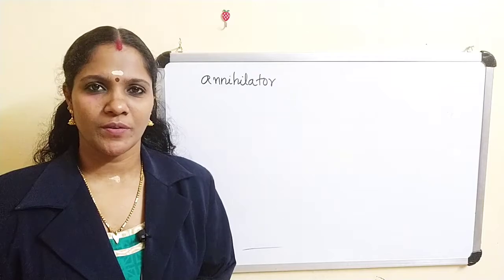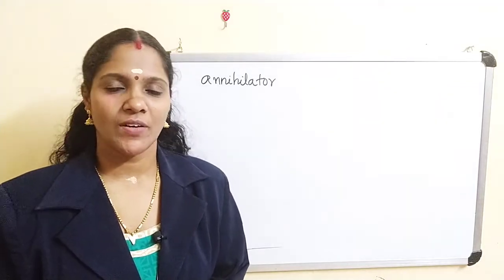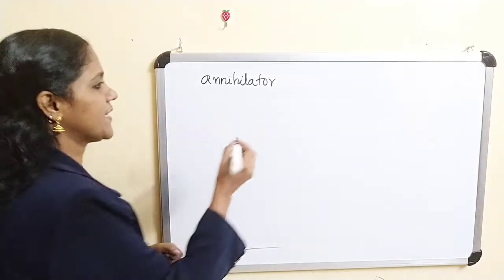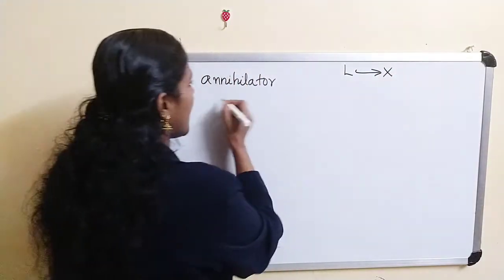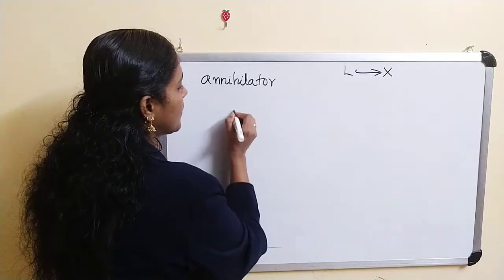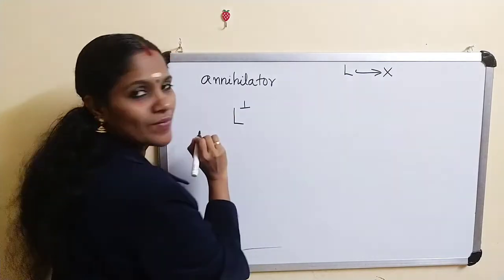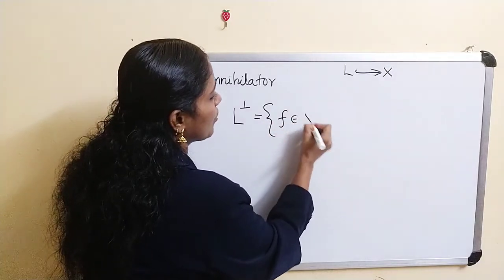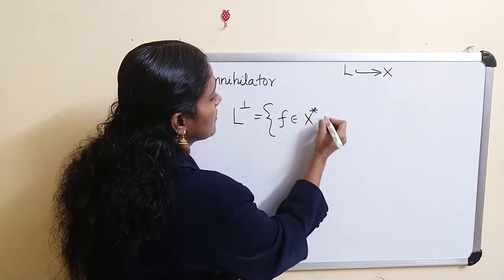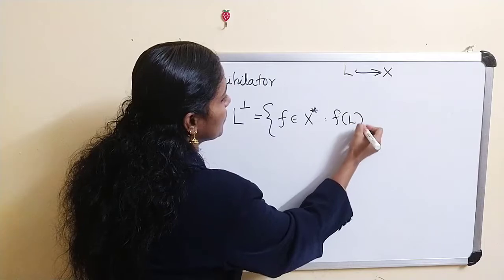Okay. Now we are going to define the annihilator of a subspace. Let L be a subspace of X. Then the annihilator of L, denoted by L perp, is equal to the set of all f belongs to X star such that f of L is equal to 0.